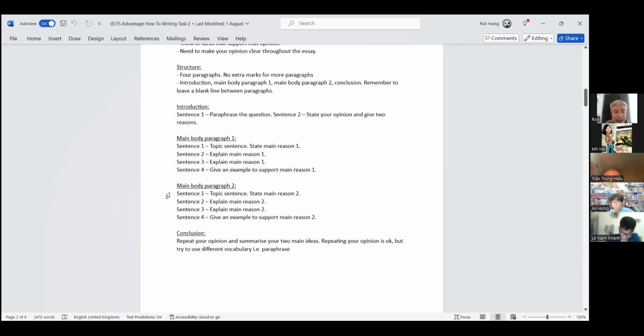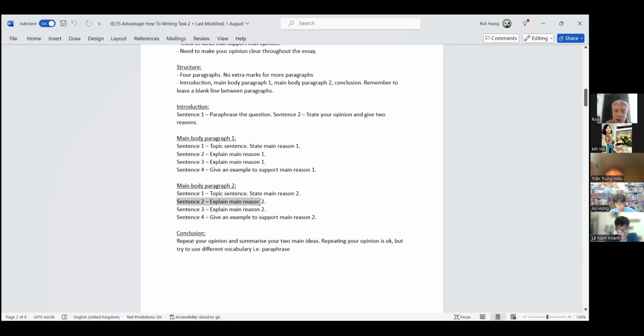Good. You will see main body paragraph 2 has the same structure as main body paragraph 1. Exactly the same. This is where you give your second reason. Okay, if it's an opinion essay, if it's an advantage disadvantage essay, maybe you give your main disadvantage. Okay, if it's a problem solution essay, you give your main solution. Okay, this is where you do it.